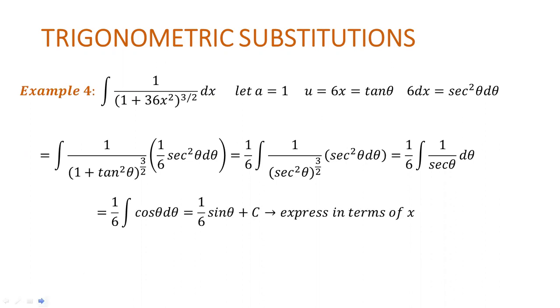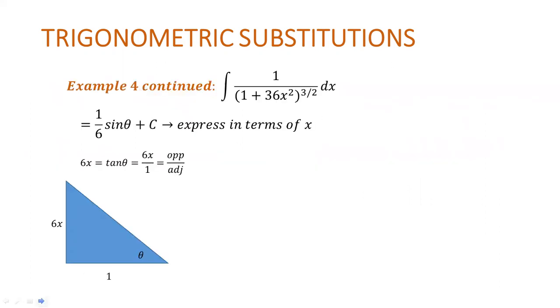So we go back there, and this is our triangle. If this is theta, opposite is 6x, and this is 1, and the hypotenuse should be the square root of the sum of the squares of these two, so the square root of 1 plus 36x squared. We just need the sine of theta, so that would be 6x over this.